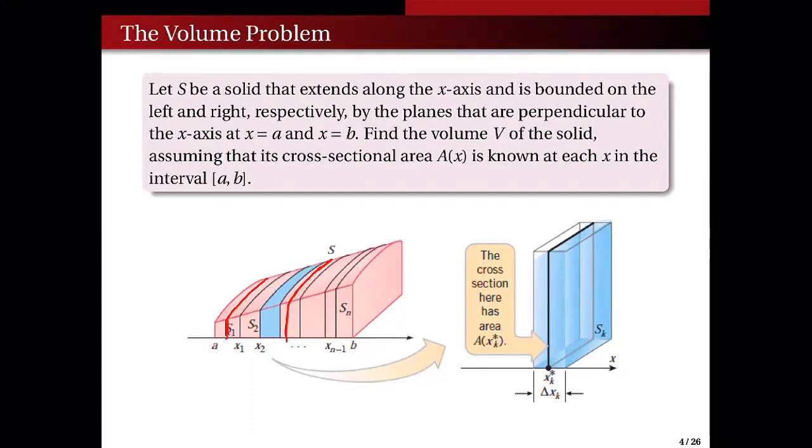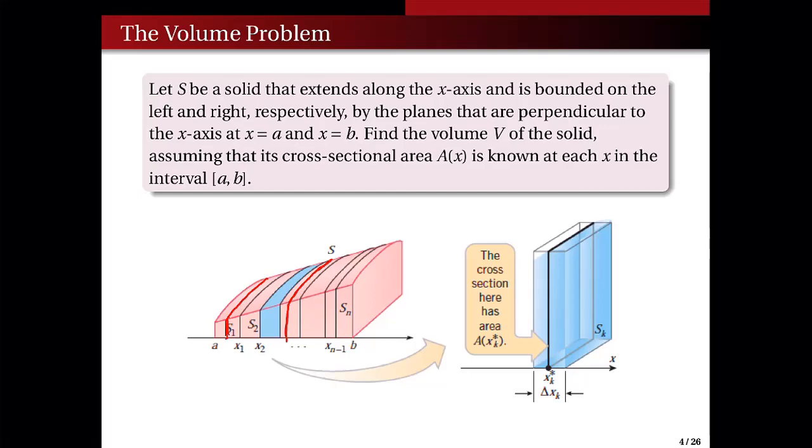Okay. So let S be a solid that extends along the x-axis, and is bounded on the left and right respectively by the planes that are perpendicular to the x-axis at x equals a and at x equals b.